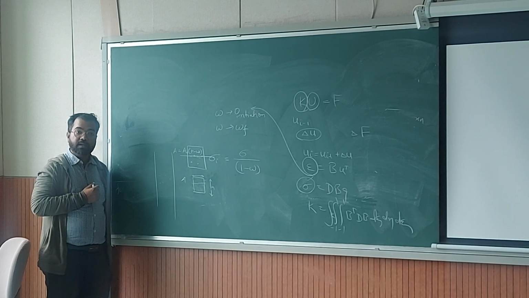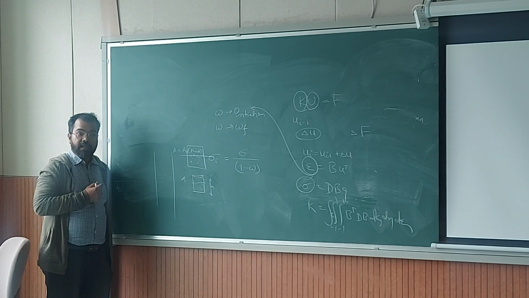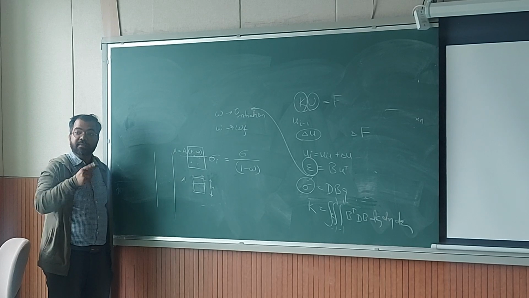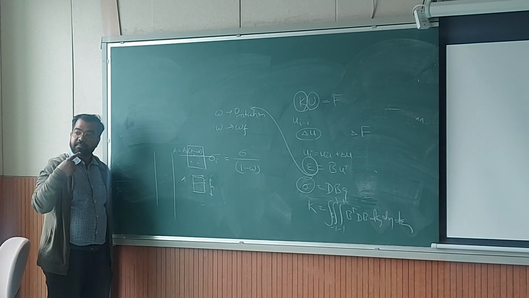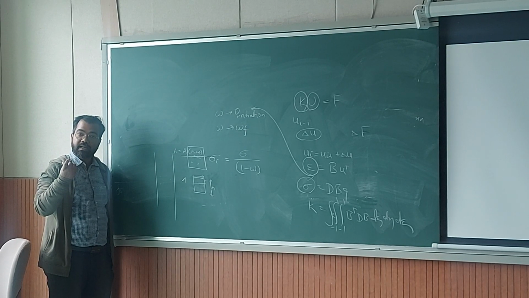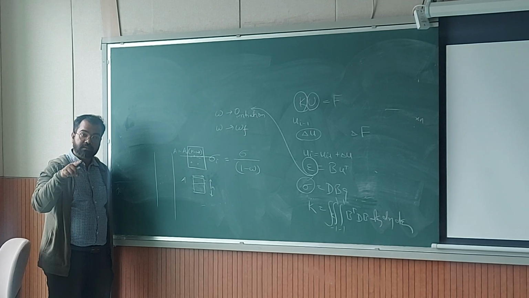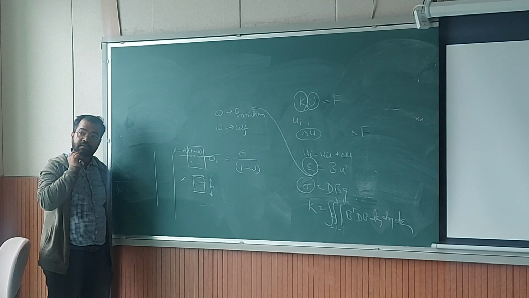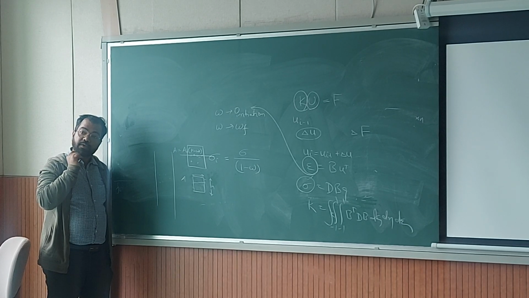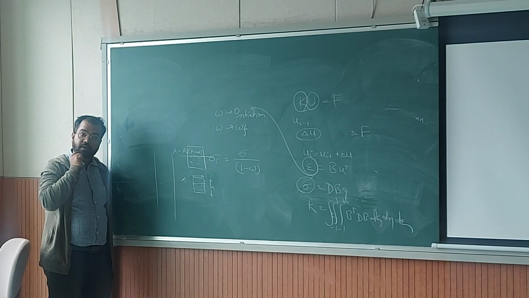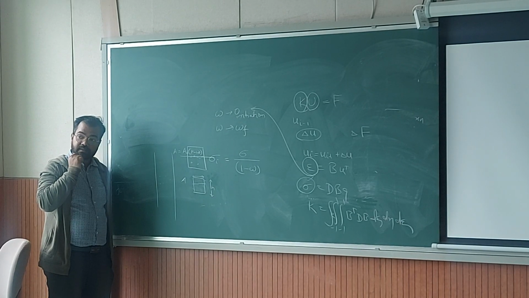If you have to simulate void, really, then you will have to remesh in every increment because you are creating new surface. That you are not doing here. Okay? So this is called continuum damage mechanics because you are not breaking the continuum really.